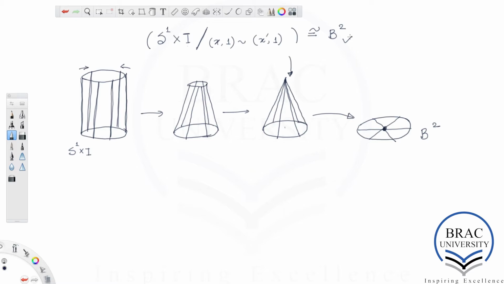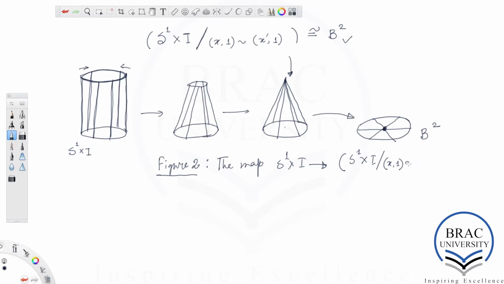Okay, good. So let me give a title for this figure, which is figure 2. The map from S1 cross I is the canonical projection of S1 cross I to the quotient space under the identification of points on this circle.